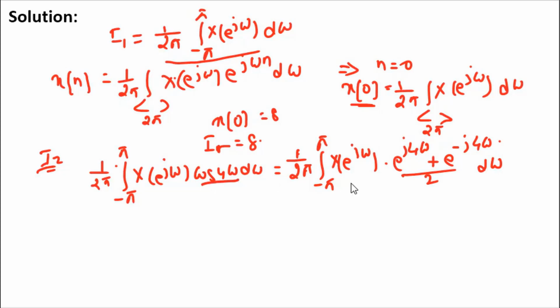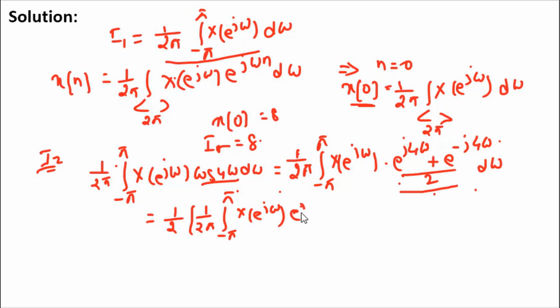I am writing cos of 4 omega as e to the power j 4 omega plus e to the power minus j 4 omega upon 2. Further, I can simplify this equation as 1 over 2 pi integration from minus pi to pi of x of e j omega into e to the power j 4 omega d omega, plus 1 over 2 pi integral from minus pi to pi of x of e j omega into e to the power minus j 4 omega d omega.